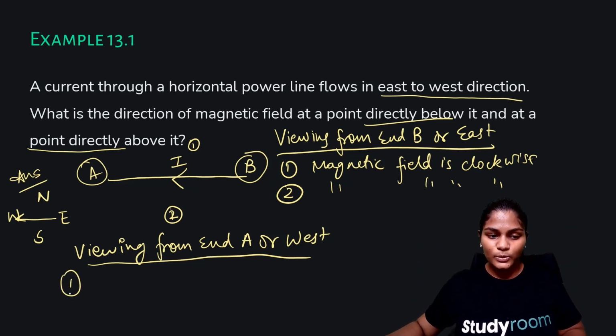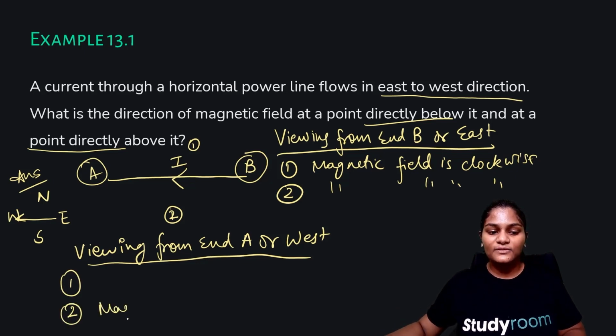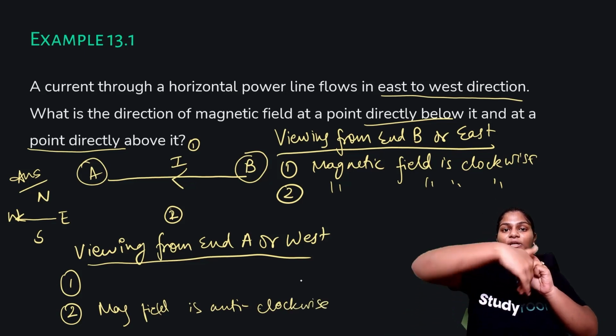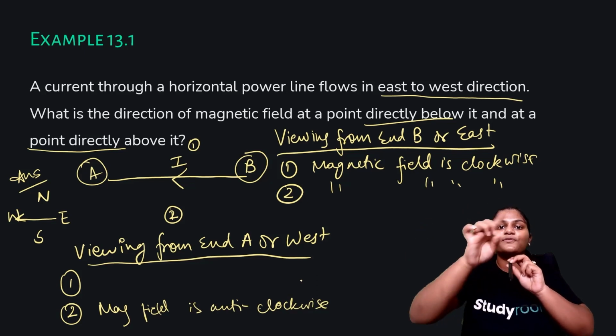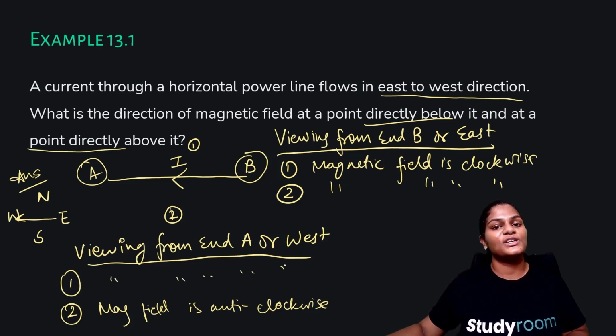So the magnetic field is anti-clockwise. If I do the same for the point above, I'll see that they're still going from right to left, which means the magnetic field is anti-clockwise.